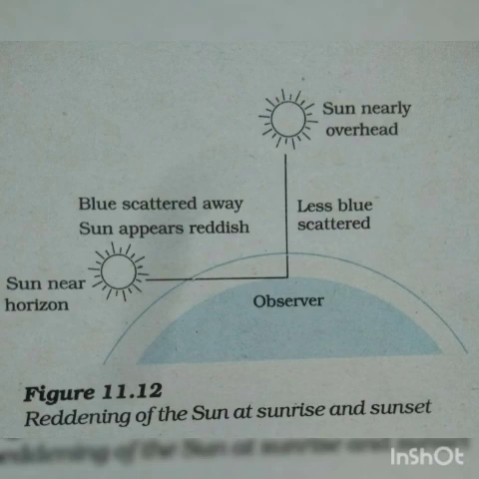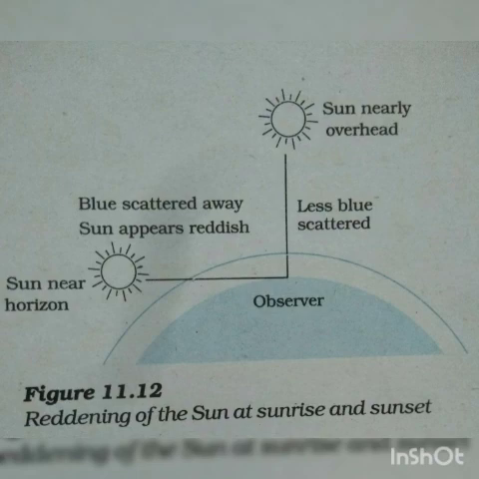We have already learned that in refraction through a prism, violet deviates the most and red deviates the least.